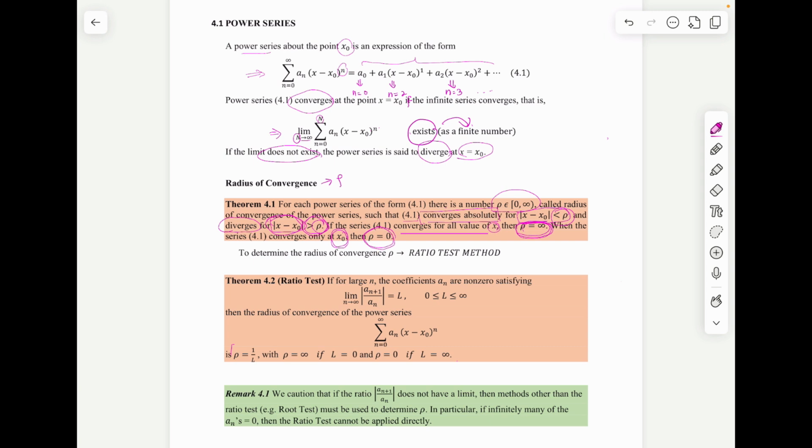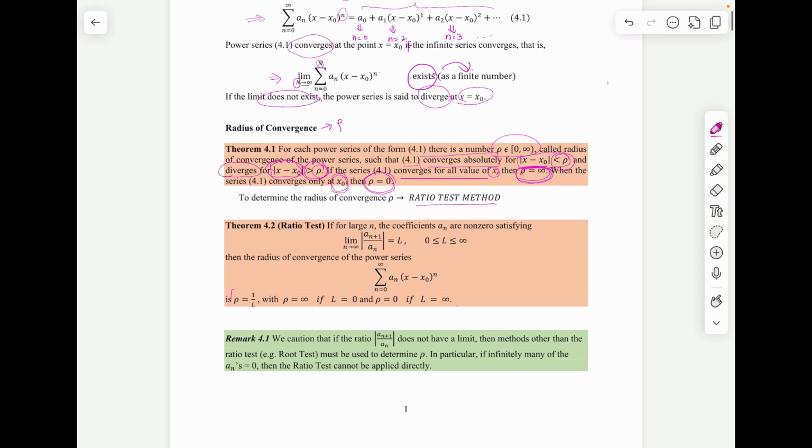Okay, to determine the radius of convergence rho, we can use the ratio test method. Let us look at the ratio test for this power series.